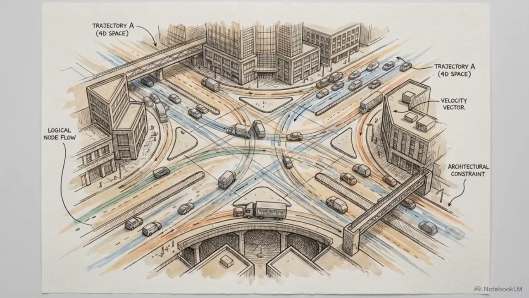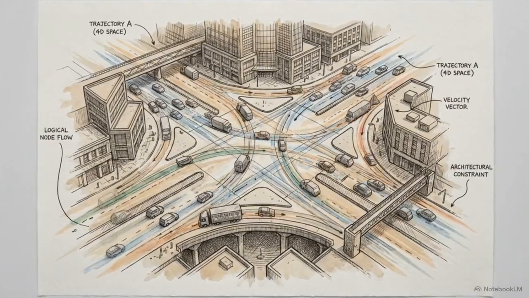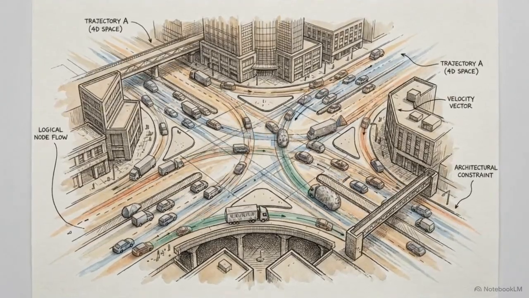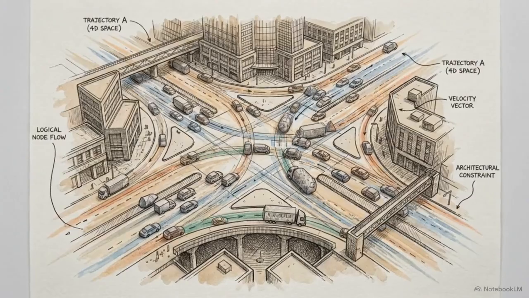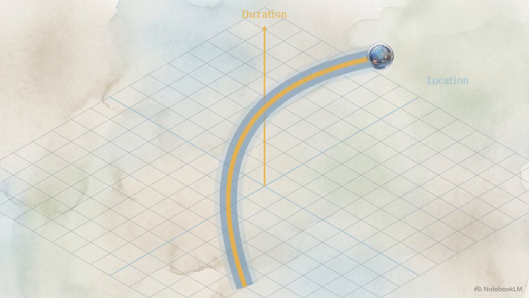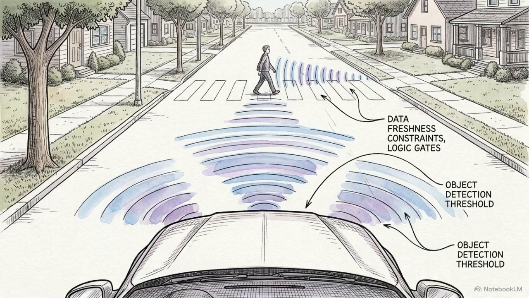Modern systems are dynamic. They exist and act within a specific space-time context. SysML version 2 introduces 4D modeling, which treats every part and every action as an occurrence with a specific duration and location. For an autonomous vehicle, engineers use this logic to code strict constraints on sensor data freshness.